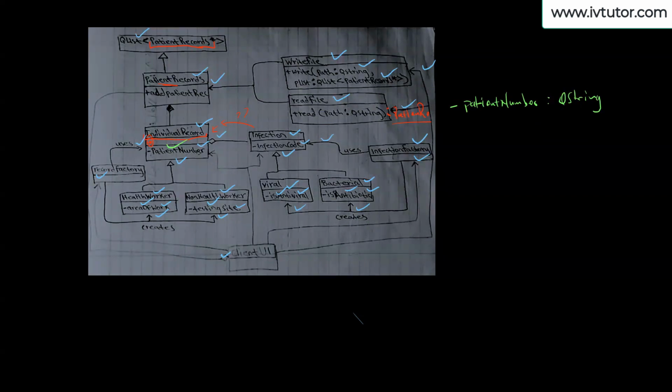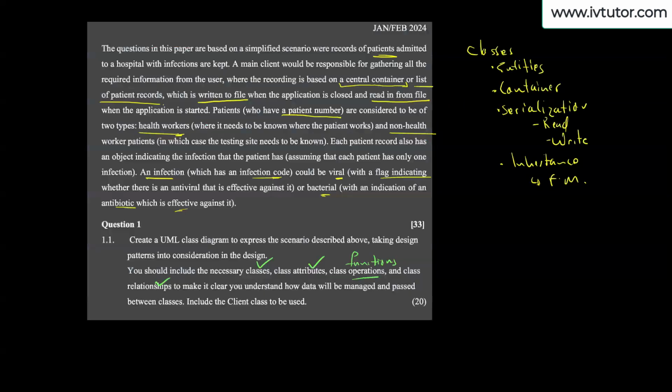You don't see this often, if at all, if you go through as many papers as you can, which is why I keep emphasizing that there is no way you can cram how to do these questions. Just understand the concept and learn how to apply the concept, because you can never know the kind of diagram that you're going to end up with.